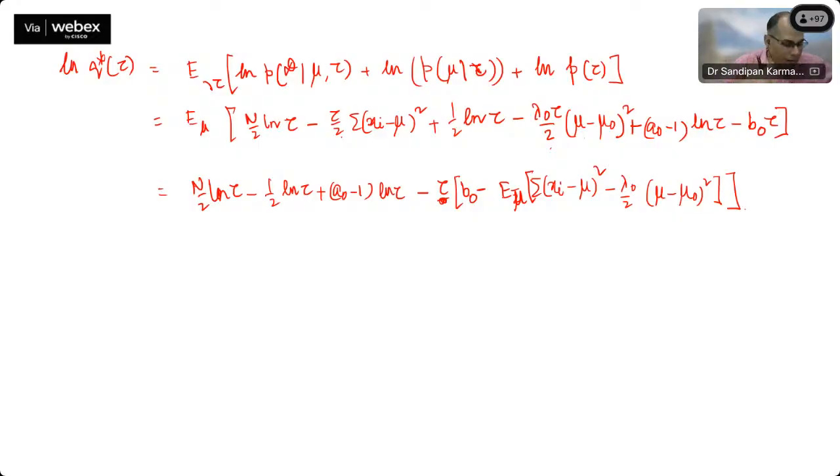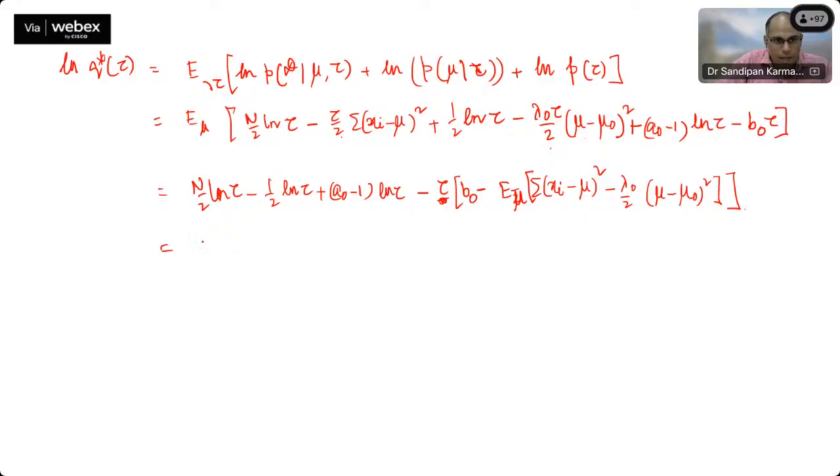Now let us look at this particular term. Yes, it is correct. Now let us collect the terms which are containing ln tau and tau.